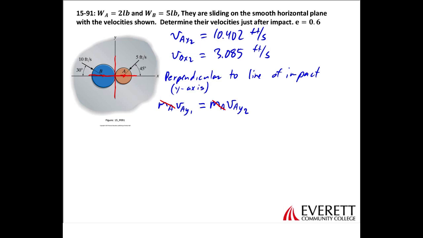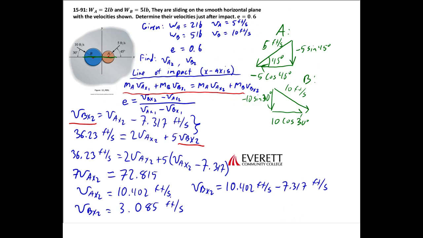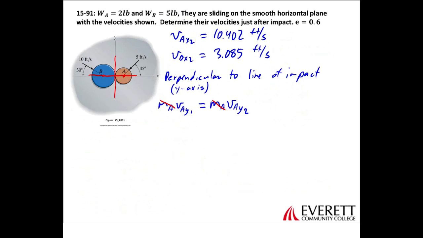I'll go back there real quick. You can see in this slide the velocity of A in the y direction was -5 times the sine of 45. Let's go back there and plug that in. So the velocity of A after the impact equals the velocity of A in the y direction before the impact, which equals -5 times the sine of 45 degrees.